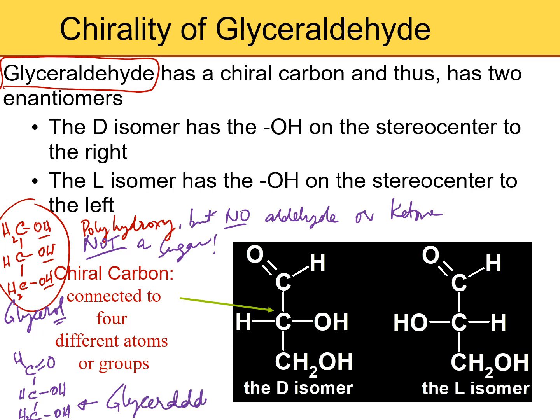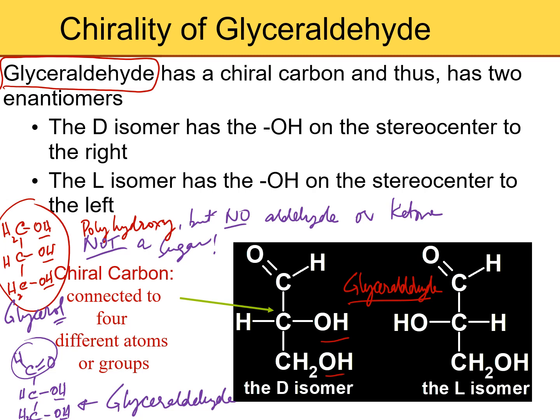It's glycerol with an aldehyde. Okay, it's an aldehyde group with 2 hydroxy groups, and that's what's shown here. This is glyceraldehyde, right? And you can see it has an aldehyde group and 2 hydroxy groups.